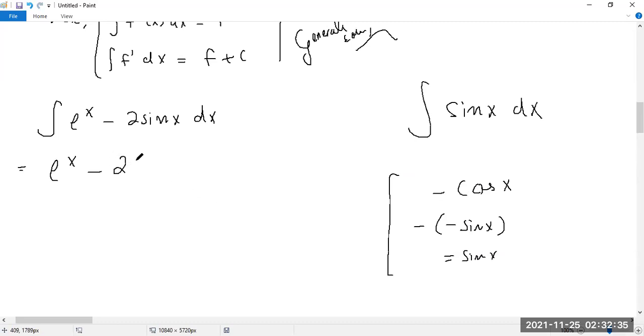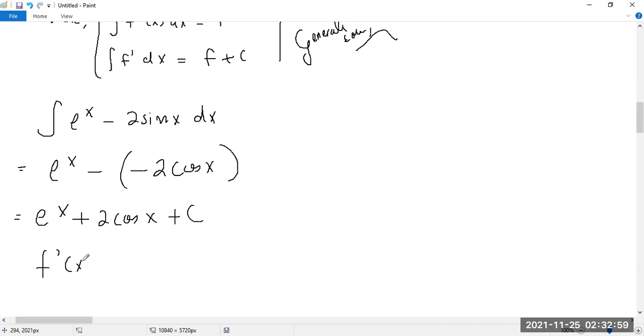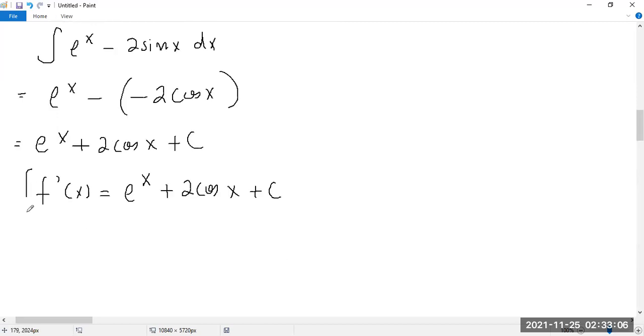So since we know that the integral of sine of x is negative cosine of x, this should essentially be e to the x minus 2 times negative cosine x, plus c. So that means f prime of x is equal to e to the x plus 2 cosine of x plus c.